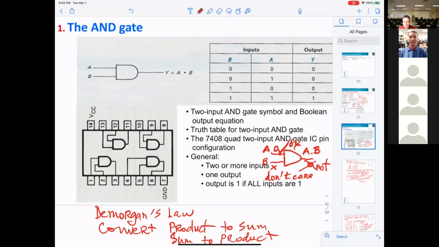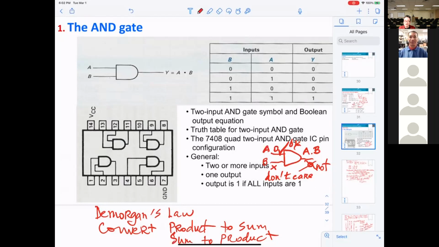Exactly. That is troubleshooting. When you measure the output, you get something wrong, and you have to check the input. If you get the right input, that means that part is not working.